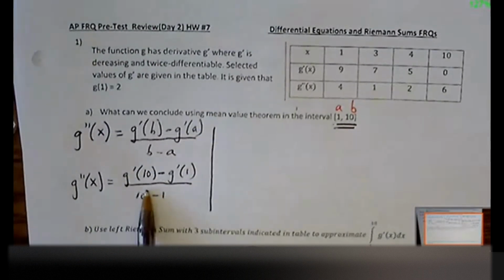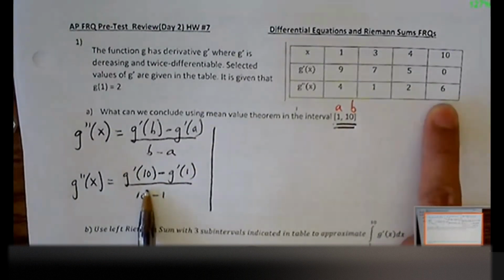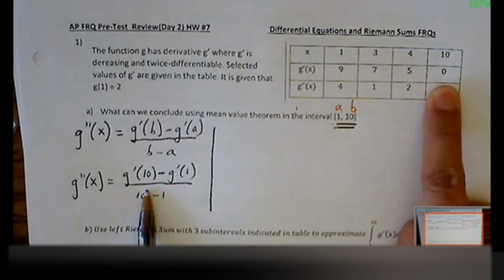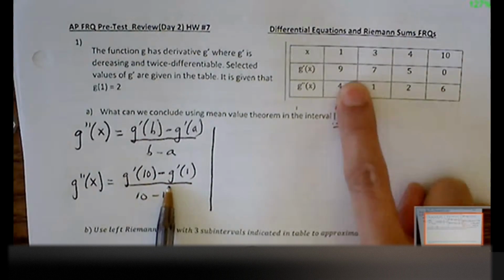So we go to our table. G prime of 10 is 0. G prime of 1 is 9.